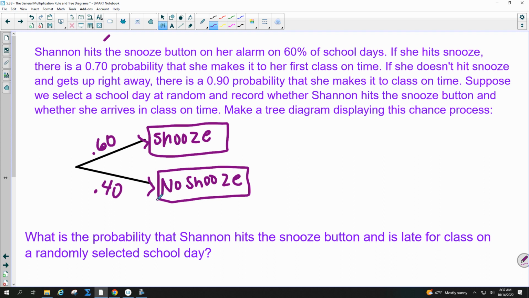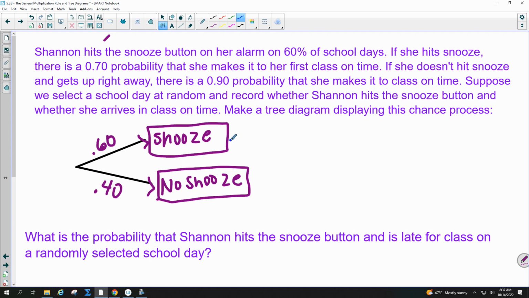Now, anytime you do a tree diagram, the second thing is conditional on the first thing. So you can only make a tree diagram when the second thing is conditional on the first thing. In other words, it says, given that she hits snooze, there's a 70% probability she makes it to her first class on time.